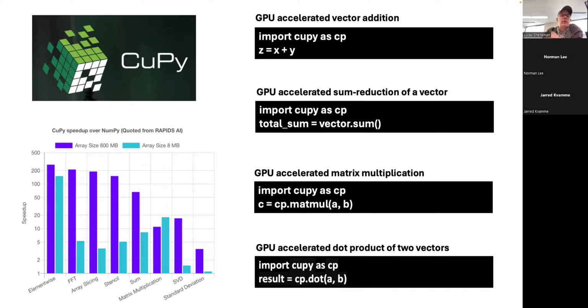And it varies whether you're talking about big arrays or small arrays. The big arrays are in the dark purple and the small arrays are in the light blue. But there's always a speed up, and sometimes it's incredibly pronounced. So I'm going to be using CuPy a lot more going forward for sure.